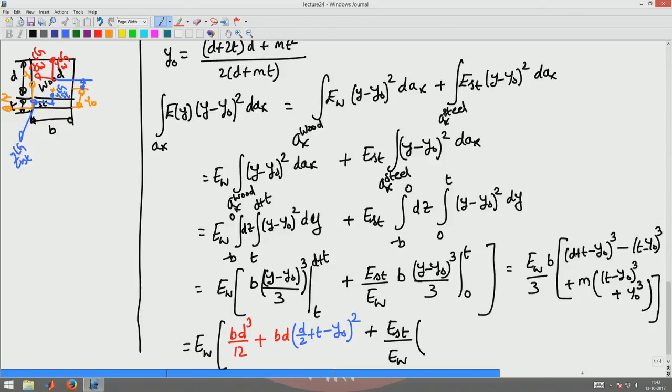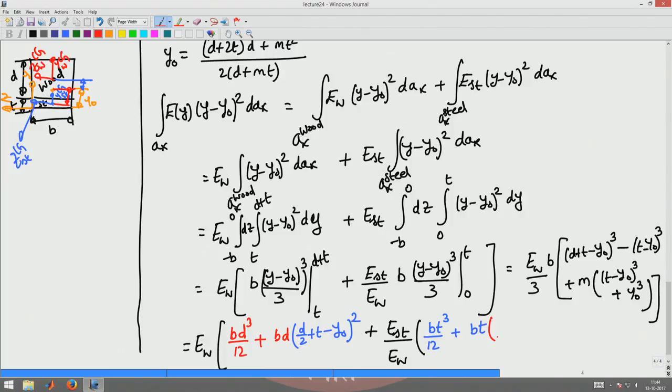So, about the CG axis I will get b t cube by 12, plus b into t, which will be the area of the steel, into this distance squared. I have to find this distance and square it, that is the parallel axis theorem.